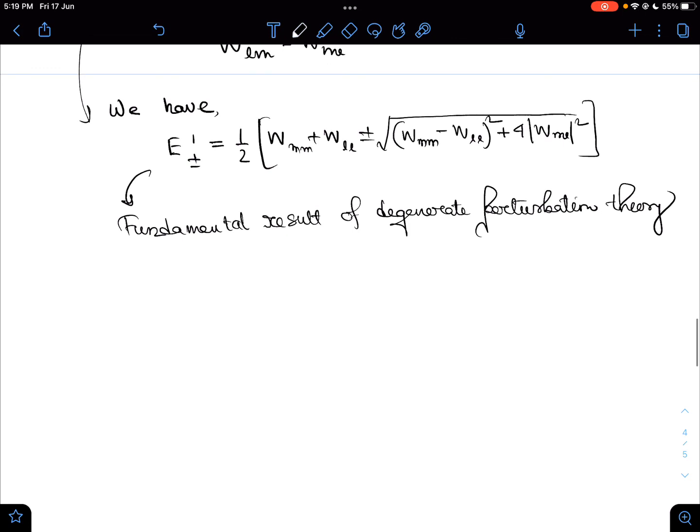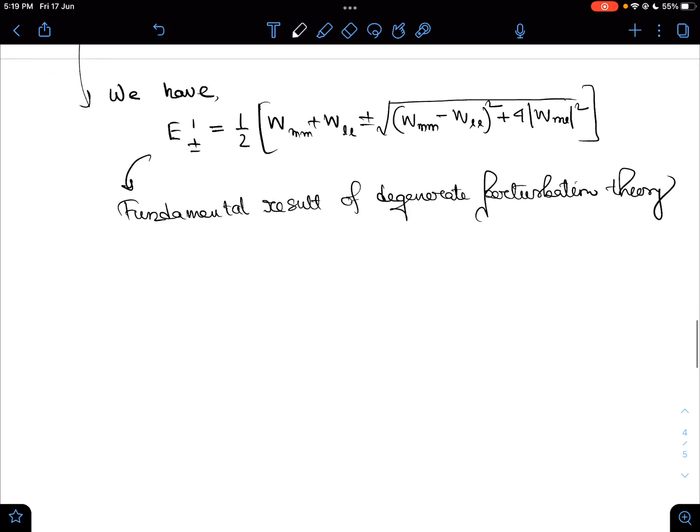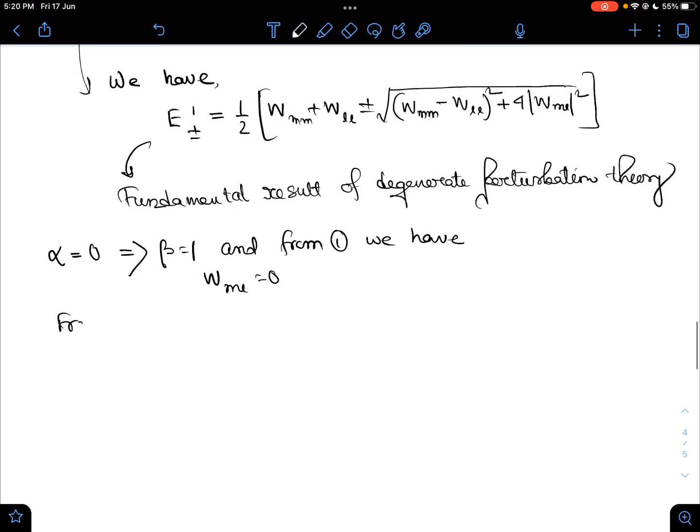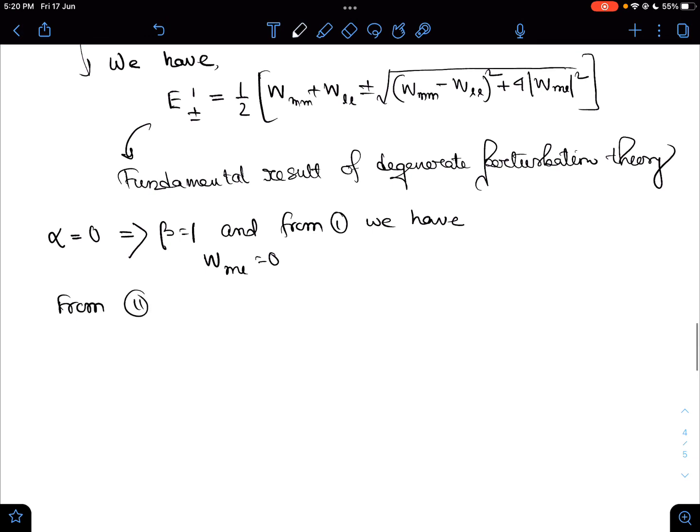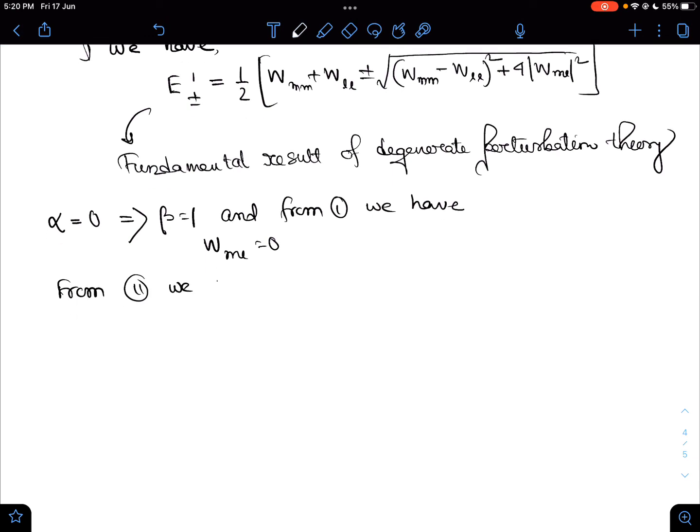Now as a side note, let us suppose alpha is 0. Then beta is 1, and from 1 we will have WML to be 0, and from 2 we will have WLL to be E1.